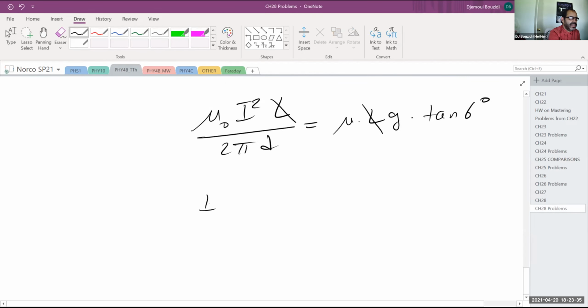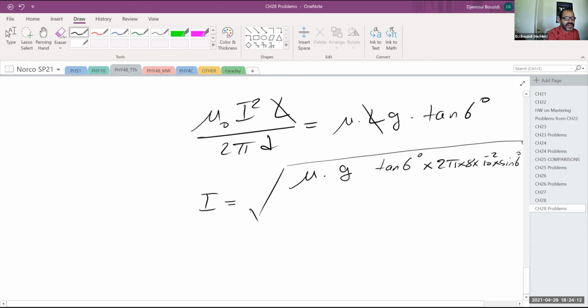So that means I, because we need I, that's the whole exercise, is to find I, is the square root of mu, which is the linear mass, times g, times tangent of 6 degrees, times 2 pi, times d, and d is 8 times 10 to the negative 2 times sine of 6 degrees.